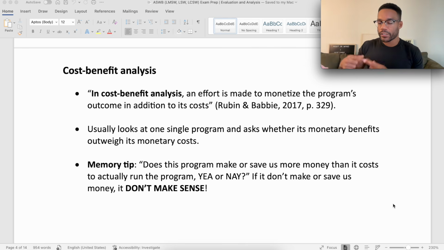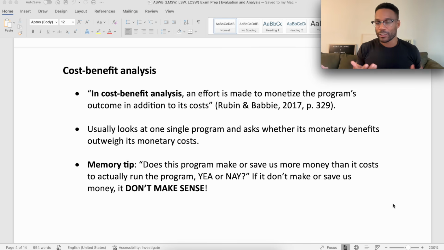When we convert that into money, how much is that making us or saving us? Is that number higher than the number we're actually paying to run this program? Hopefully it is, because if it don't make money, it don't make sense. We've got to go back to the drawing board and figure something out, because we don't want to be spending more money to run a program than the return on our investment.